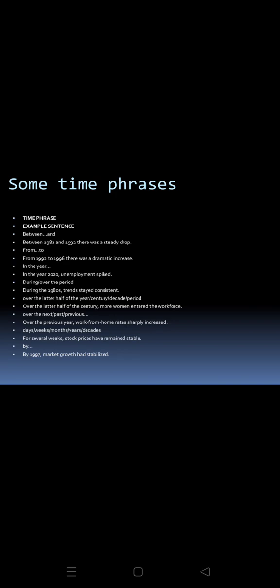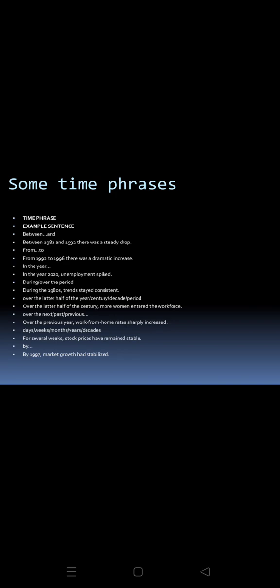Now, in the year 2020, unemployment spiked. Spiked means increased. So, during or over the period of 1980, the trend stayed consistent, meaning it remained the same. Over the latter half of the year, century, decade, period.